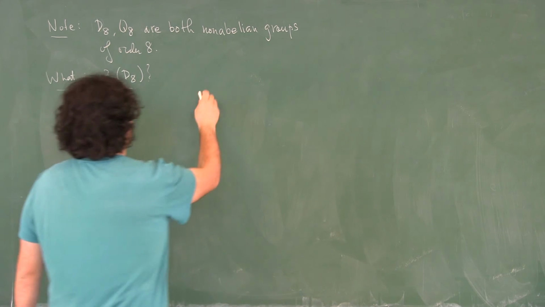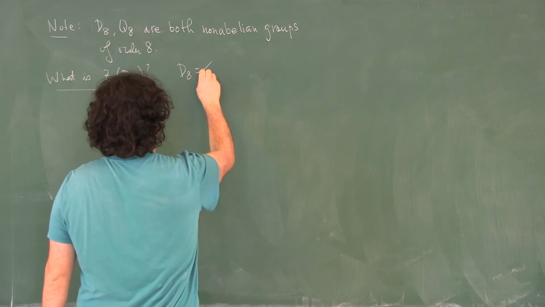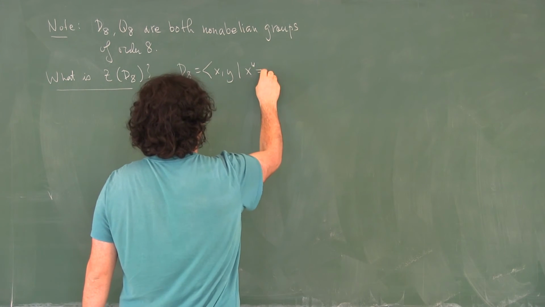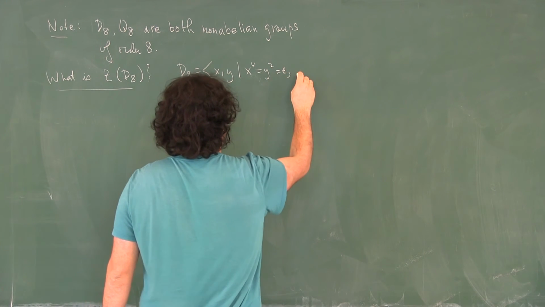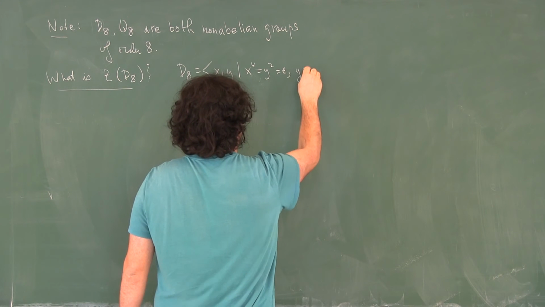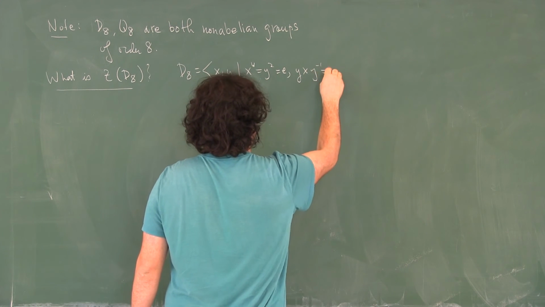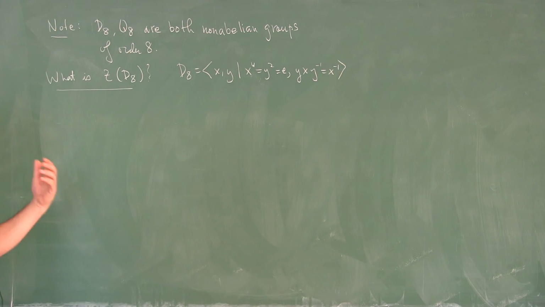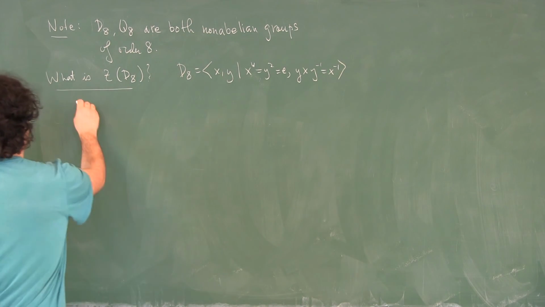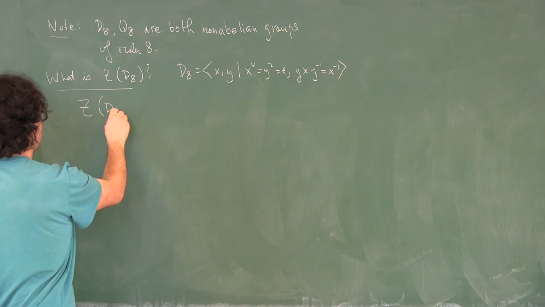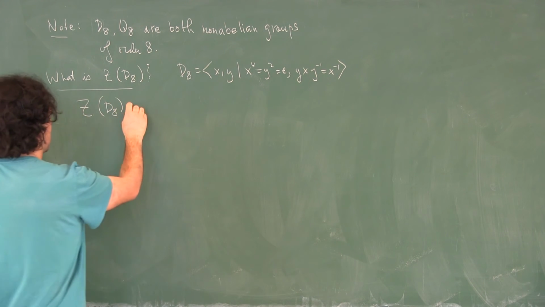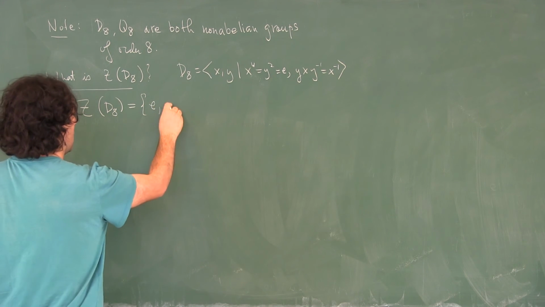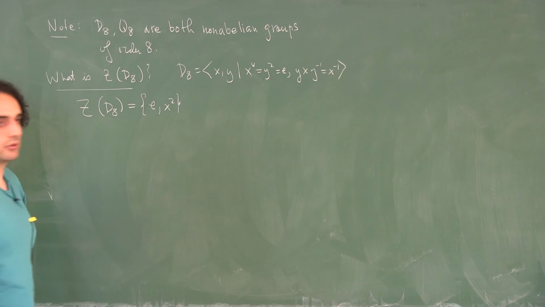Using our description of D8 as generated by x and y with x to the 4th equals y squared equals the identity, and y x y inverse equals x inverse, it's not hard to check explicitly that the center of D8 is exactly the set consisting of the identity and x squared.